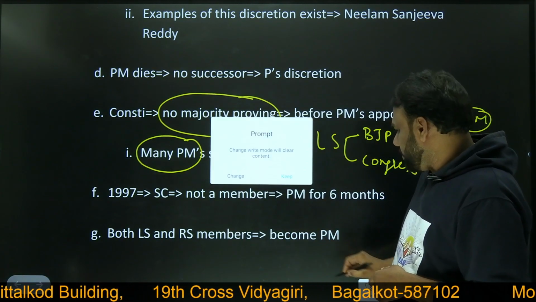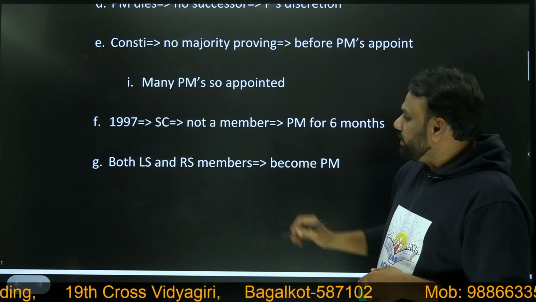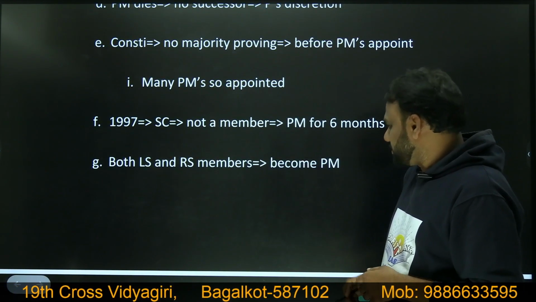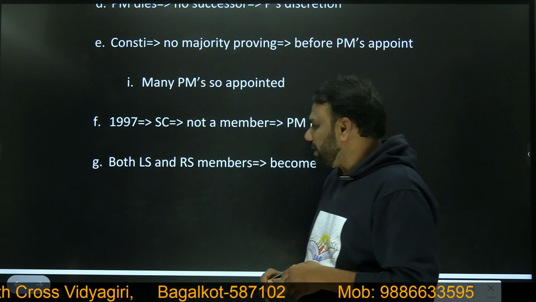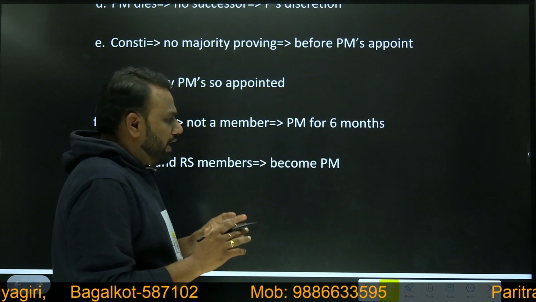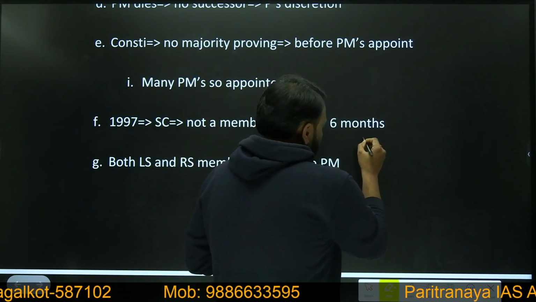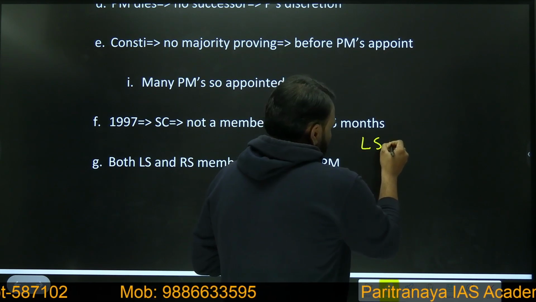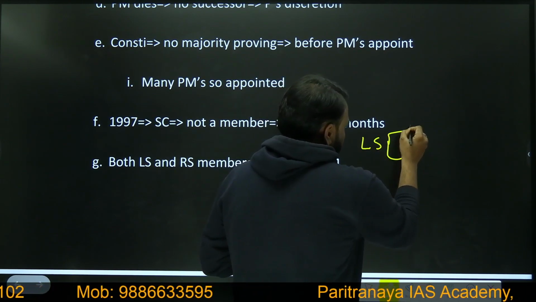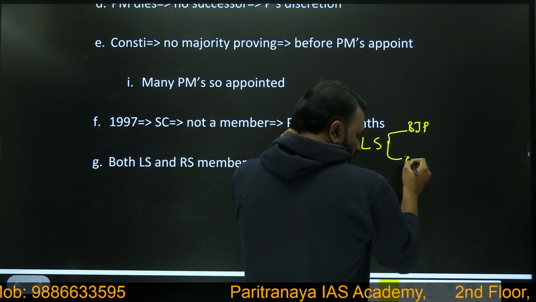Okay, majority. Next, very important. Supreme Court, if not a member, PM for 6 months. So we shall just try to look into this with the help of an example. Now, until now we have discussed that in Lok Sabha, BJP, Congress.